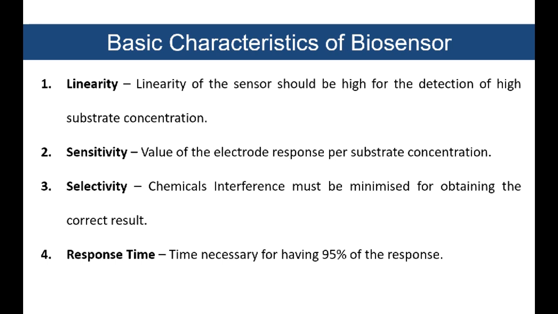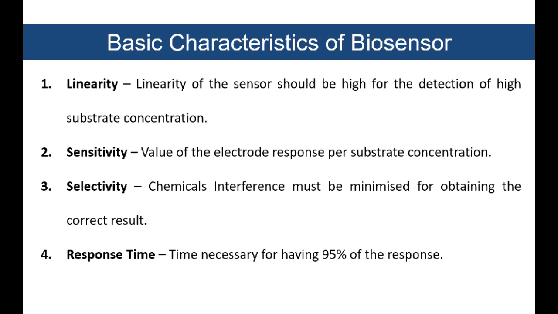Now let's see the basic characteristics which are very much required in any biosensor. It should have the property of linearity. That is, the sensor should respond well for the detection of high substrate concentration present in the bioreceptors.